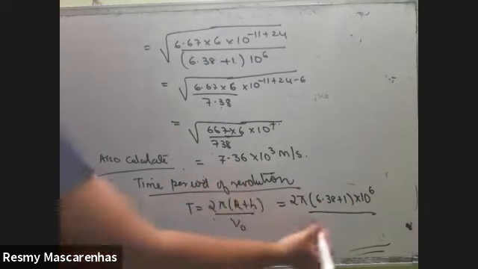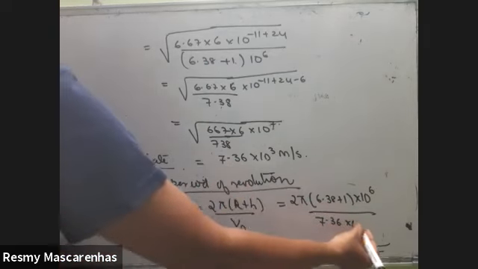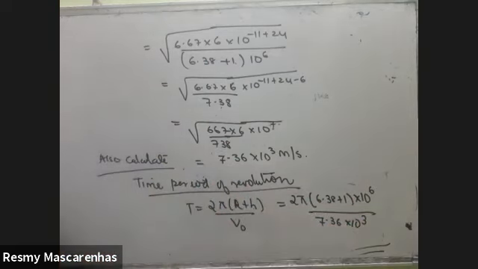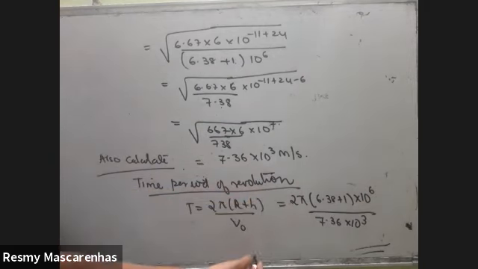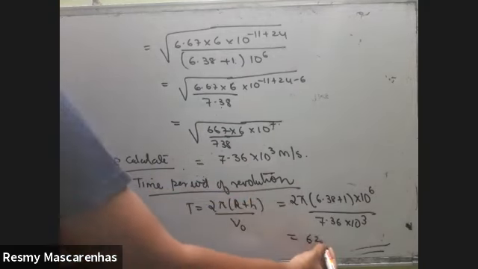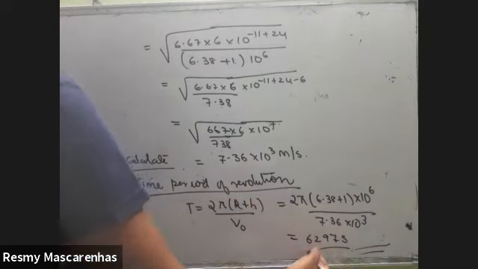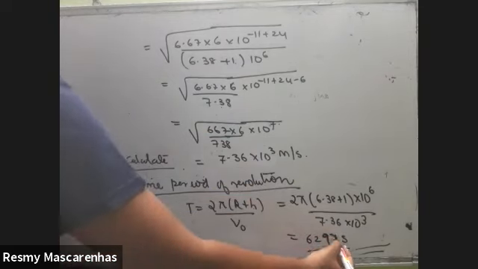And orbital velocity is 7.36 into 10 raised to 3. And then you have to calculate. This you can take as 22 by 7. So approximately we'll get 6297 seconds.